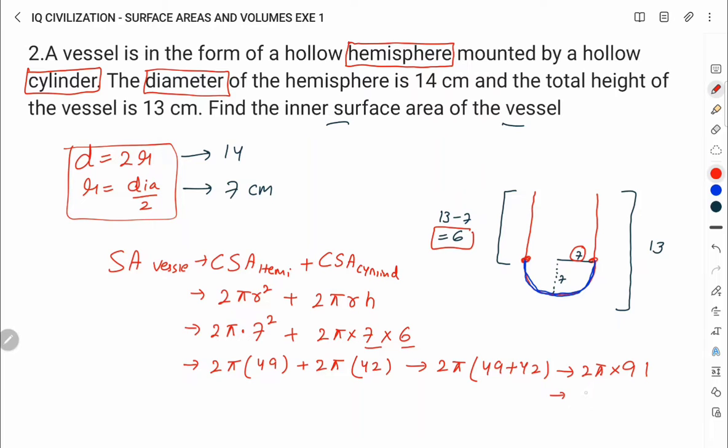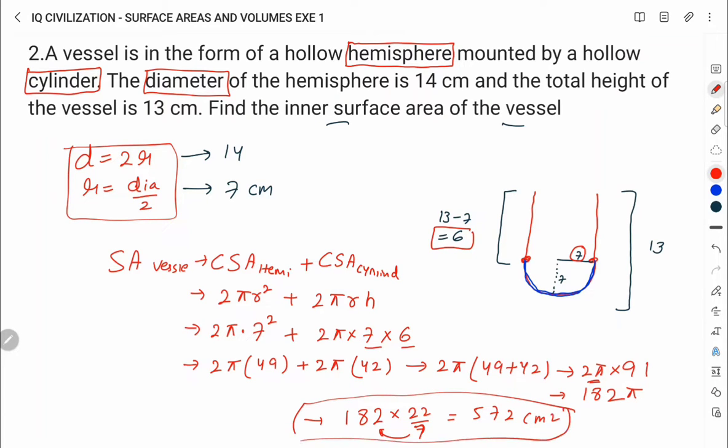So 91 into something is 182. So 182 into, here again we have pi, right? 182 pi. Pi is 22 by 7. So by cancelling 7 with this, I'll get 572 cm square. This is my answer. Okay, next one.